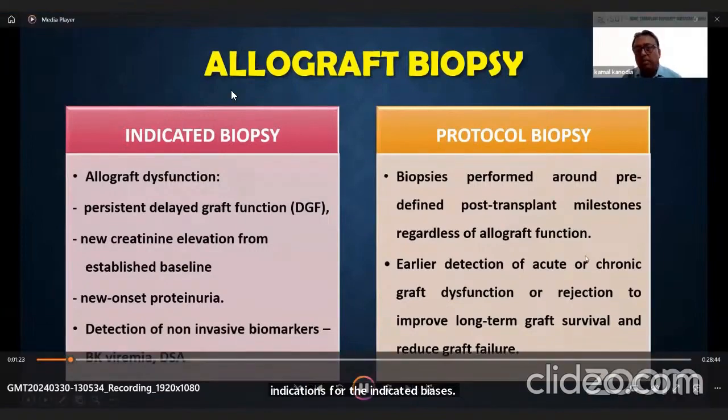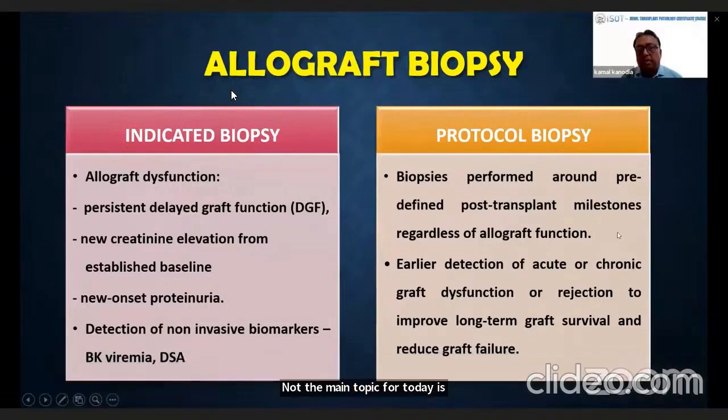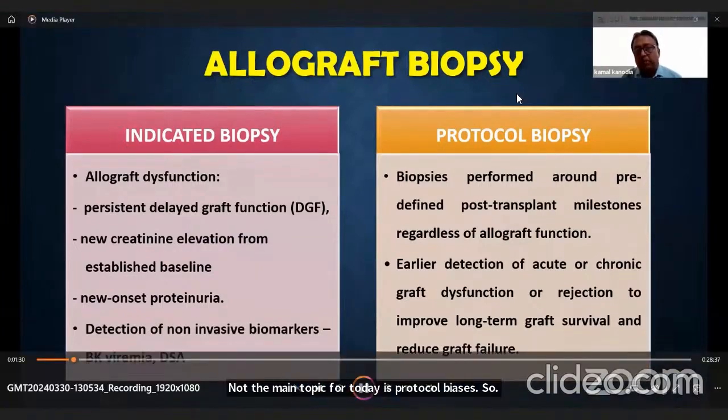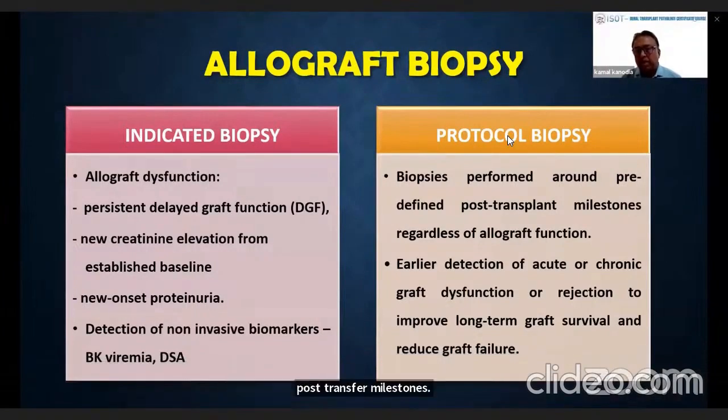Now the main topic for today is protocol biopsies. Protocol biopsies are biopsies performed around predefined post-transplant milestones regardless of allograft function. So basically these biopsies are performed after a certain interval post-transplantation.